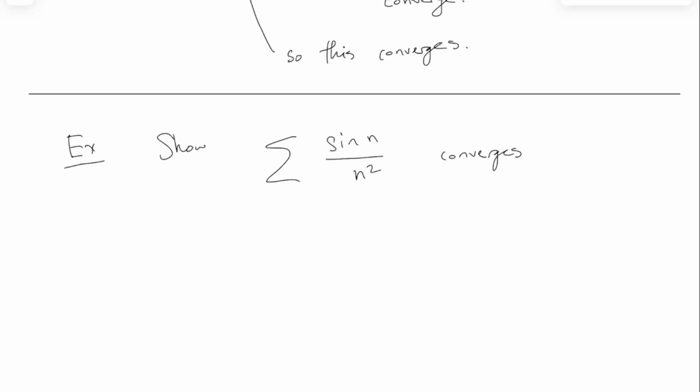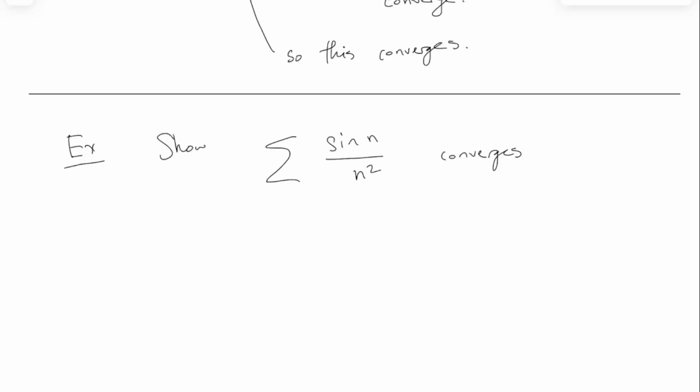Can anybody tell me why the comparison test does not apply here? Yeah? It's not always positive. Because it's not always positive. Yeah, I said a few moments ago, for the comparison test, your sequence must be positive. I mean, the terms must always be positive, but these are not, because the sine of something is often negative.